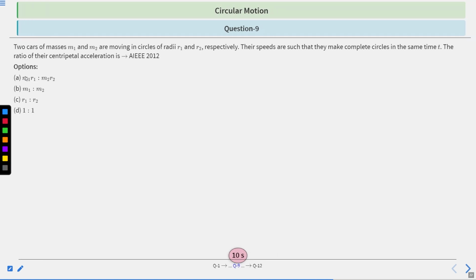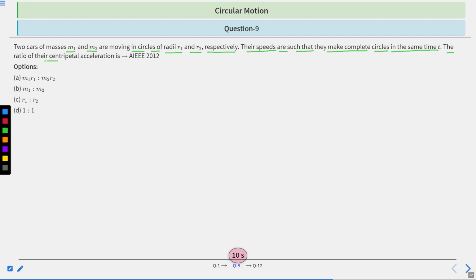Next question. Two cars of mass m1 and m2 are moving in circles of radii r1 and r2 respectively. Their speeds are such that they make complete circles in the same time t.